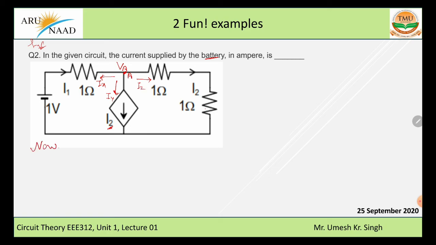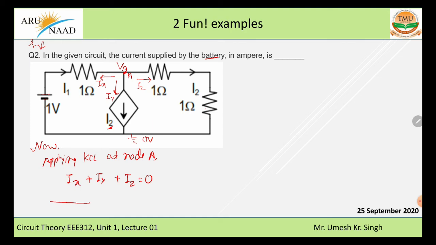Now applying KCL at node A, we get Ix plus Iy plus Iz is equal to 0. And what is Ix? Ix is the current flowing from point A to the 1 volt source. We also consider this as ground, so we have a reference value of 0 volt.